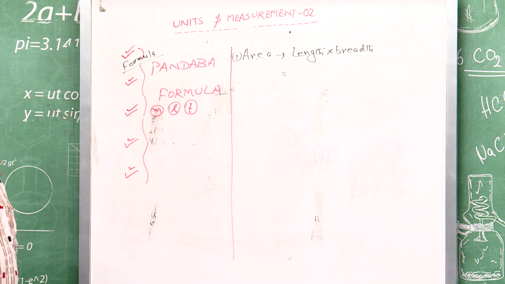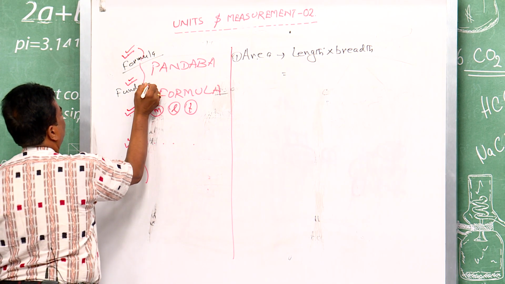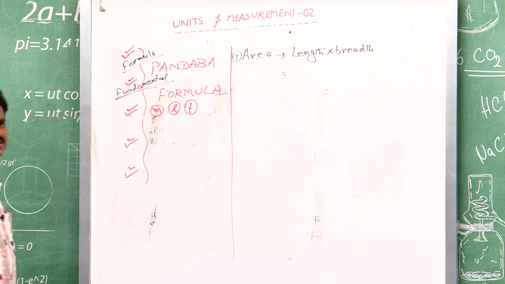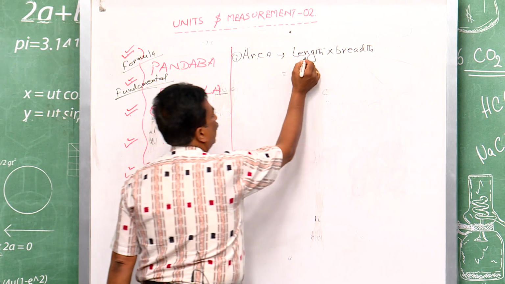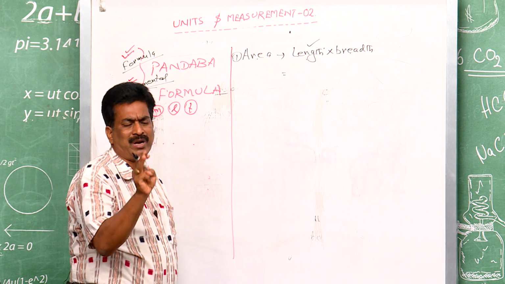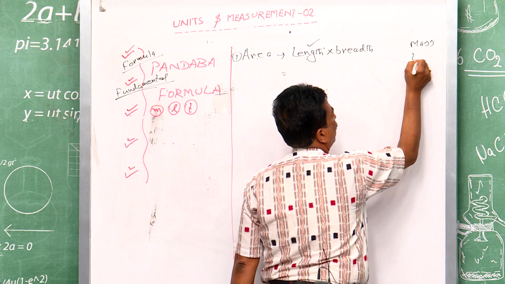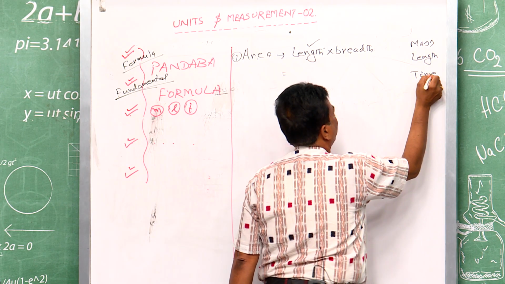What is the second step? You have to make it fundamental. According to this, I wrote in detail in my last class. You have to convert it to the fundamental. You see length and breadth. Is length a fundamental or not? The three most fundamental quantities you have to know are mass, length and time.